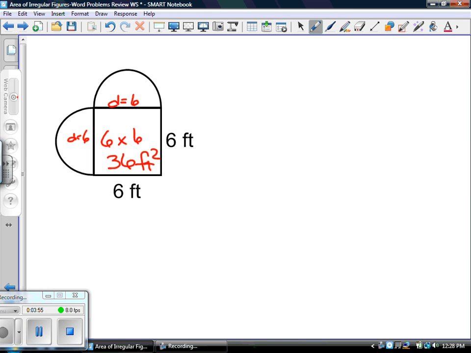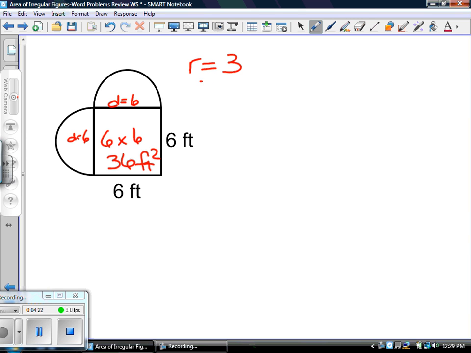So now, since we have the diameter of those, I can see that those are equal. So the first thing I think of is, well, I have two half circles, they're equal. If I put them together, I get one full circle with a diameter of 6. So I'm going to treat them as one piece. My radius is 3, because it's half of the diameter.